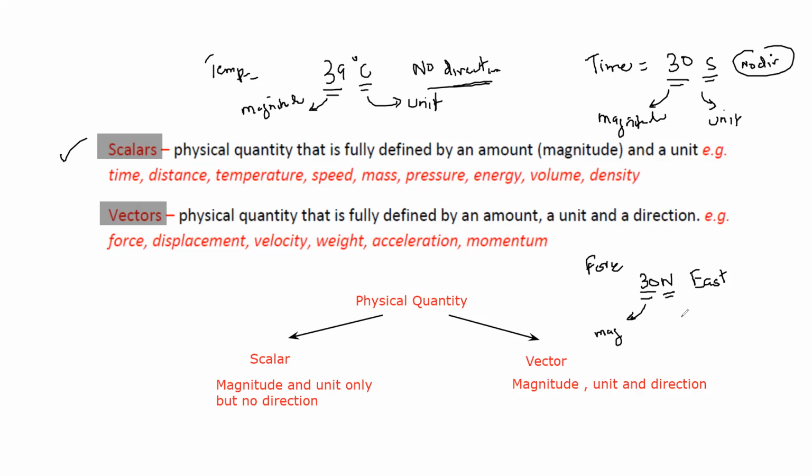Newton is a unit of force. And east is representing a direction. So you are representing it by a magnitude, unit, and direction. When all three parameters are there, we call that quantity a vector quantity. Is the difference between a scalar and a vector quantity clear? So a physical quantity can be a scalar or a vector.